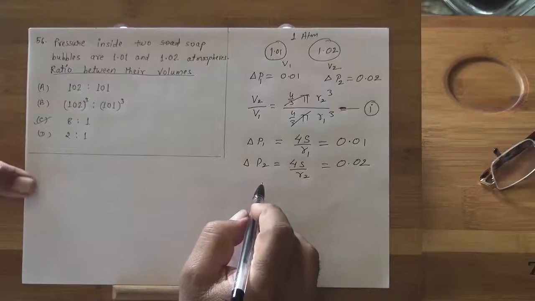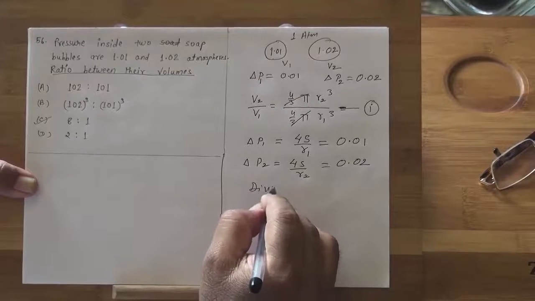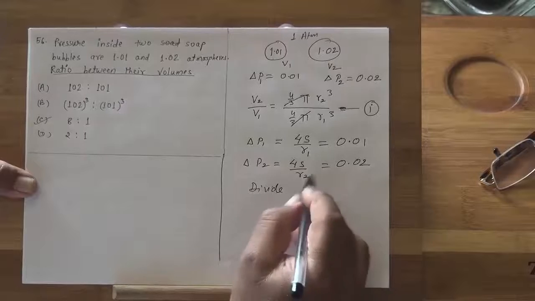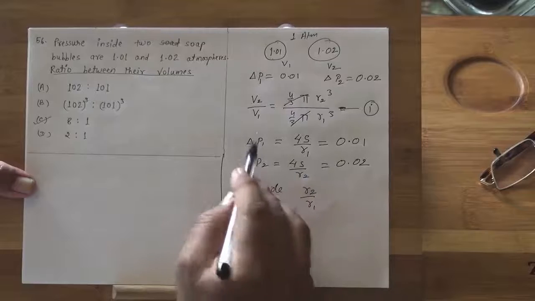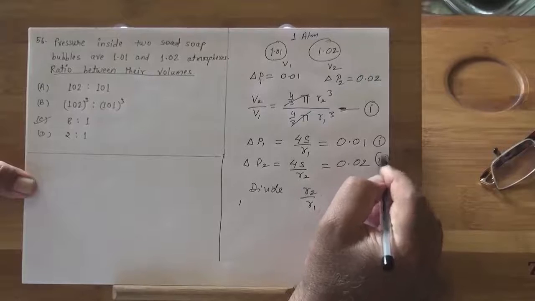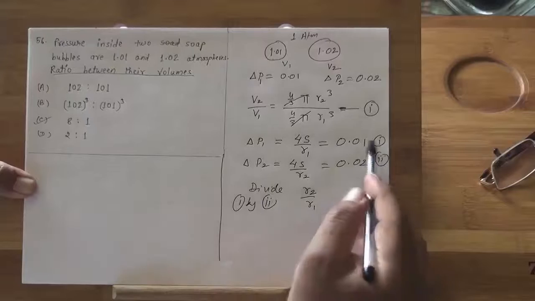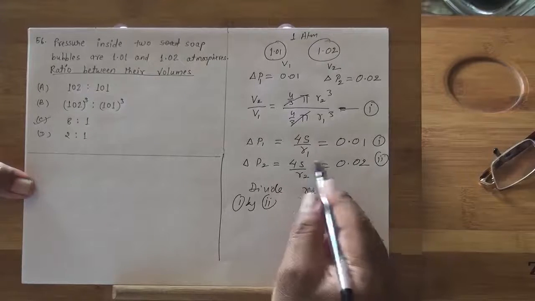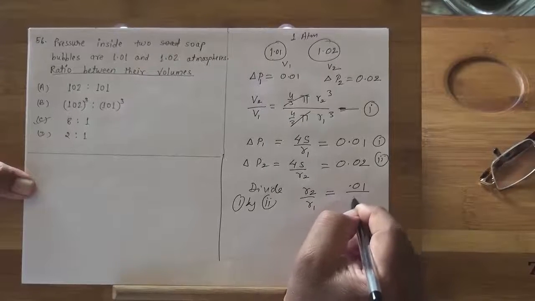Dividing, we get R2 upon R1 is equal to 0.02 upon 0.01. Divide 1 by 2. So this comes to R2 upon R1 is equal to 0.01 upon 0.02.